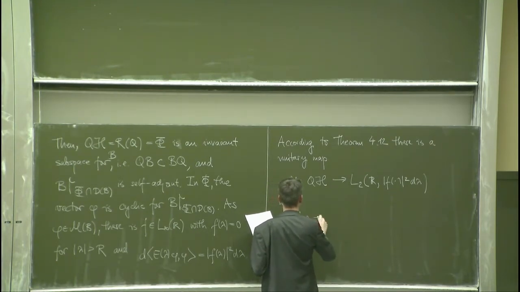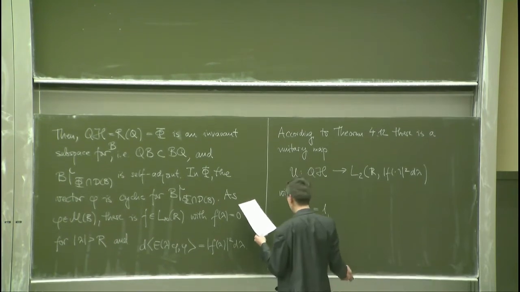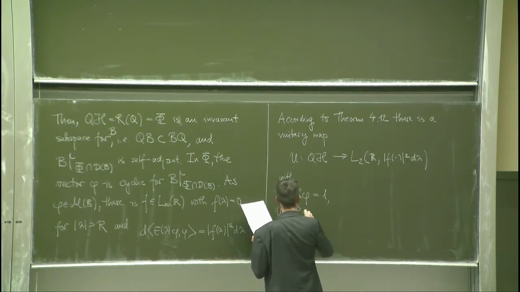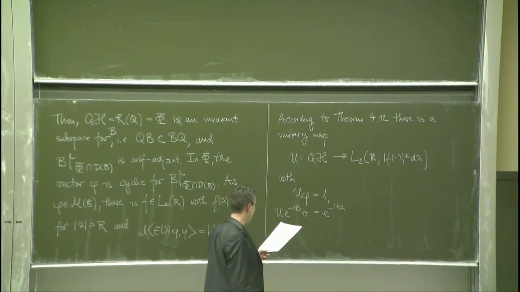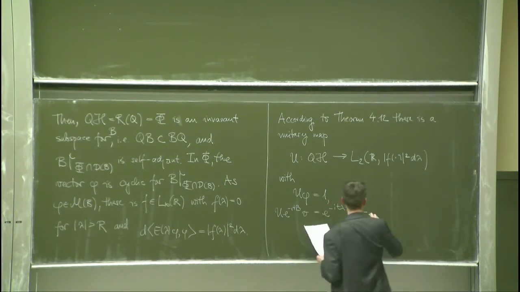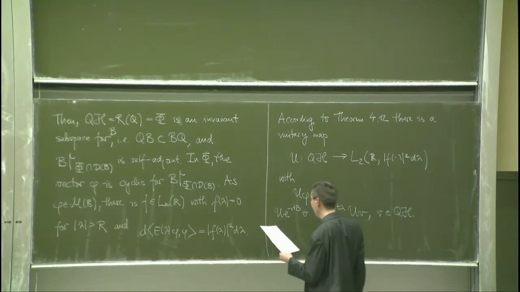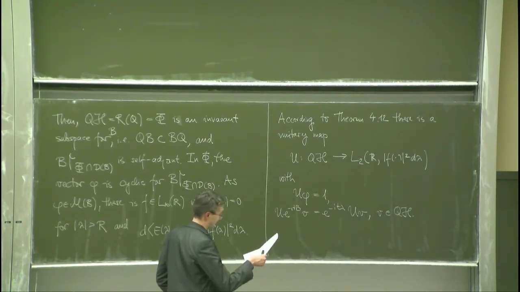U phi is equal to 1, and U applied to exponential minus ITB v is equal to exponential minus IT lambda U v, for any v in QH. This is simply the spectral theorem.